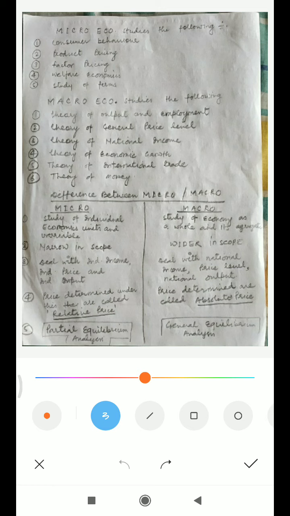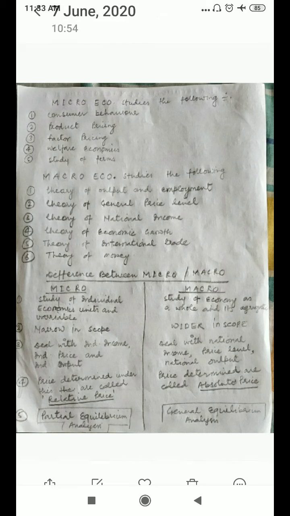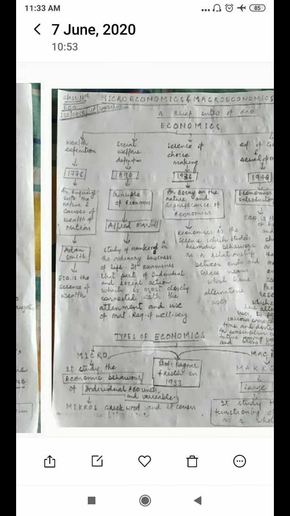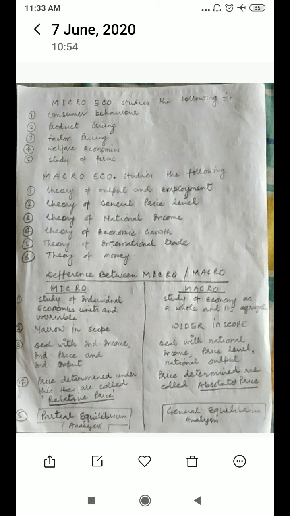For getting full marks, you have to write all the keywords, whatever I have mentioned in these notes. These all are the keywords you have to write in your answer. Getting you all? Look at all those points concentratedly and learn them.